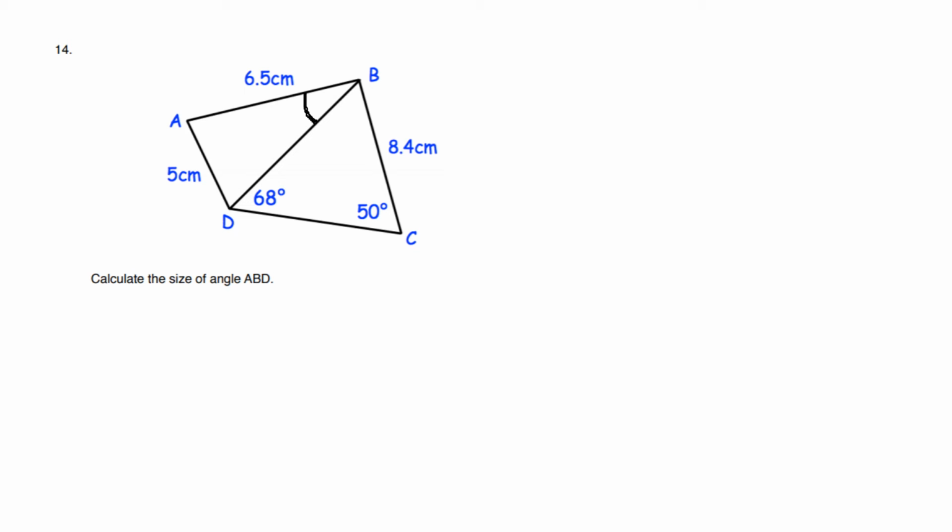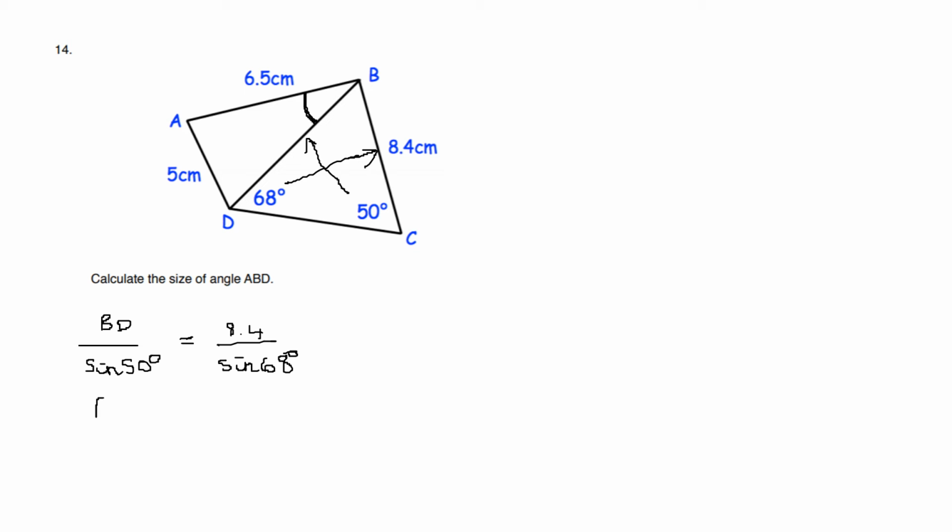So first of all, I'm going to use the sine rule to find BD. So BD is opposite 50 and 68 is opposite 8.4. So I'm going to have BD over sine 50 degrees is equal to 8.4 over sine 68 degrees.